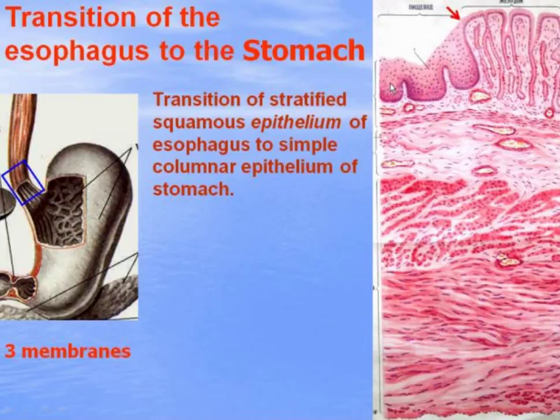And you can see how the stratified squamous non-keratinized epithelium of the esophagus transits into the simple columnar secretory epithelium of the cardiac part of the stomach. You can see that gastric pits appeared, and cardiac gastric glands and lamina propria appeared.